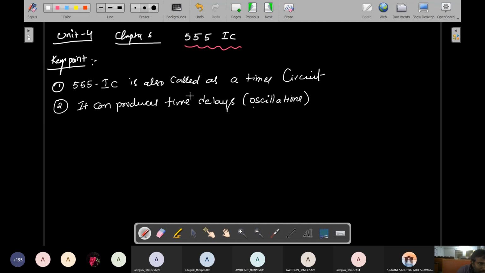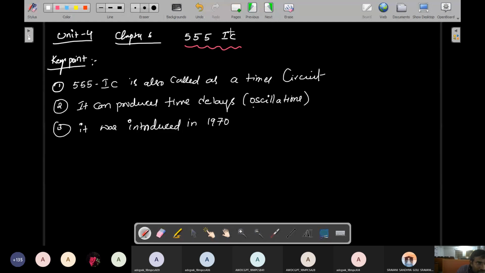Monostable and astable multivibrators. So the third point is, it was introduced in 1970. In the year 1970, the 555 IC was first used.